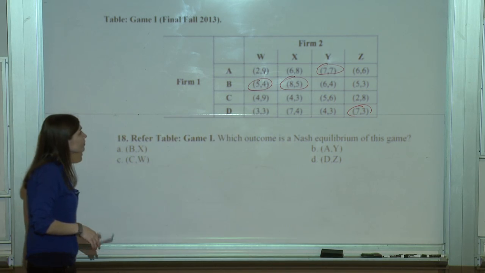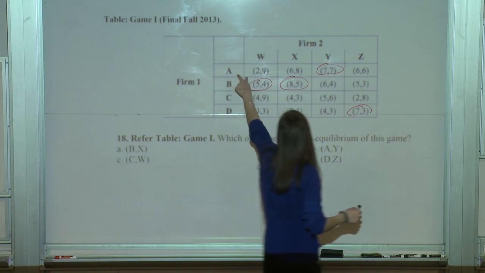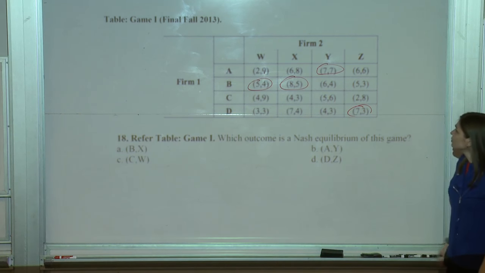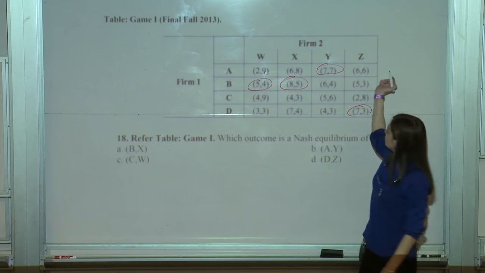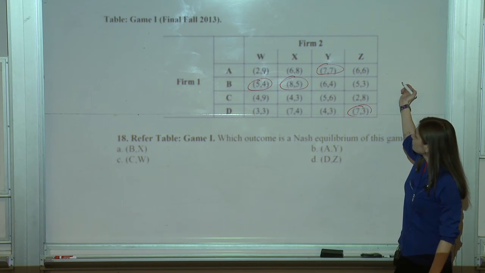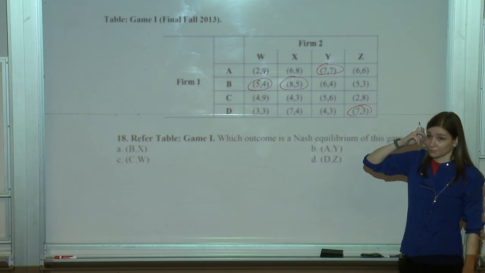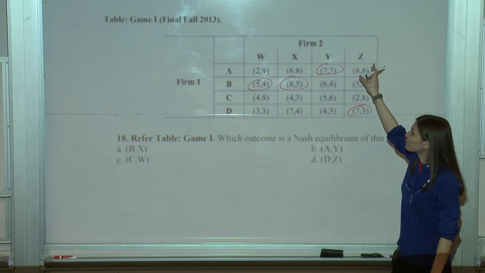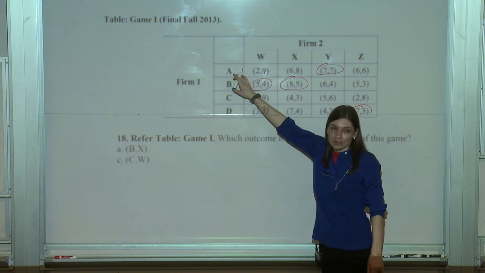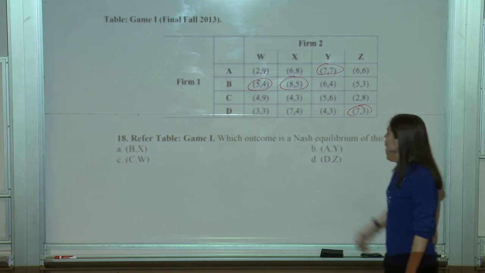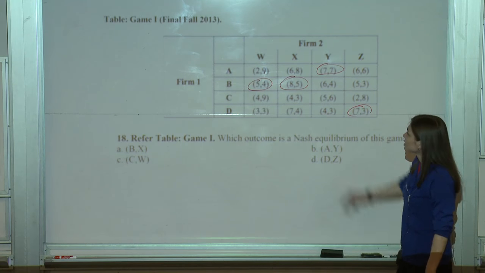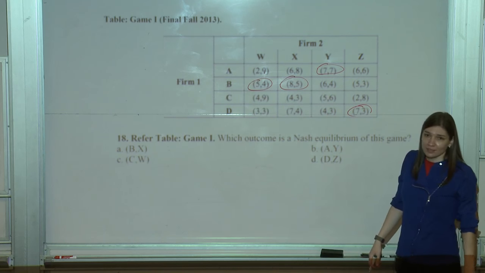Now firm 2. If firm 1 chooses A, what's my best strategy? X gives me 8. Can I do better than that?